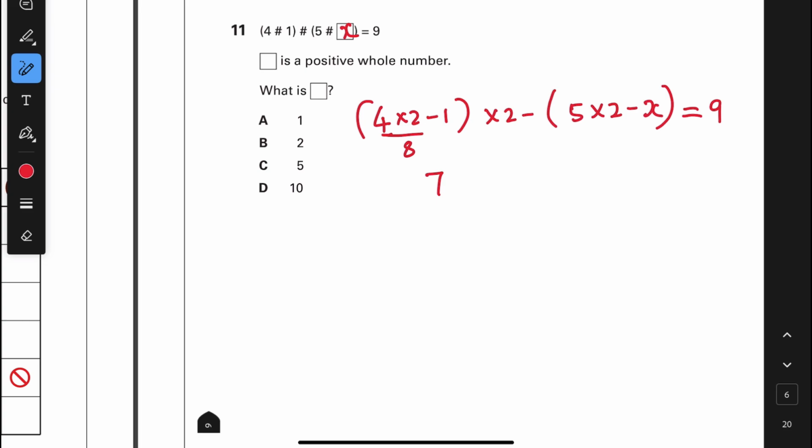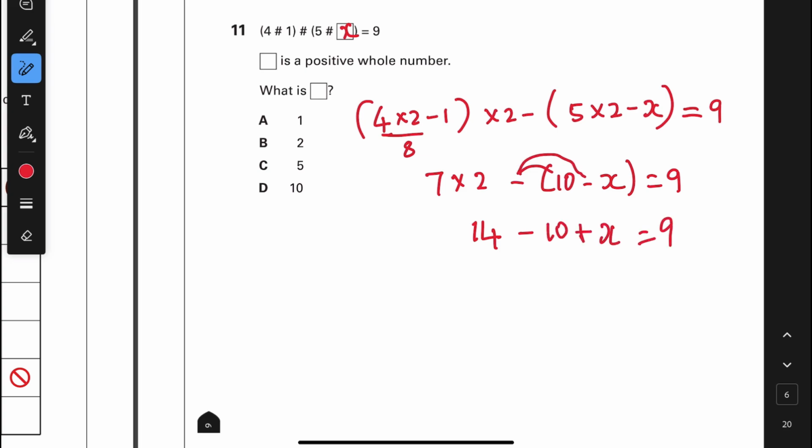And 7 times 2 minus 10 minus x equal to 9. So it's 14 minus 10, and minus into minus is plus x, equal to 9.